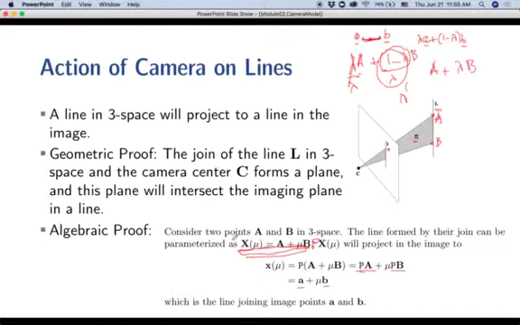The reason I did these 2 proofs is to be a little bit more clear about this, because it's a very fundamental property of the camera. Also, the field of projective mathematics has both these traditions. If you look at textbooks of projective mathematics, there are books written from the geometric standpoint, and there are books written from the algebraic standpoint.